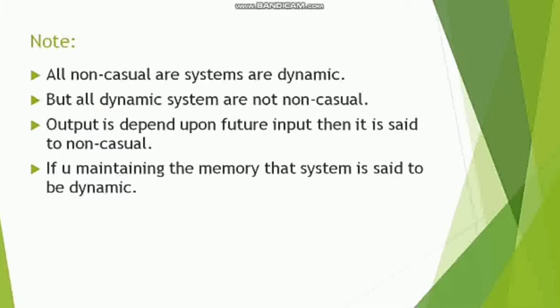If your system depends upon future and past, then you need to maintain memory, so the system is dynamic. So all non-causal systems are dynamic, but not all dynamic systems are non-causal, because dynamic means memory. For example, if a system depends upon present and past input, that is also a dynamic system, but it is not said to be non-causal.